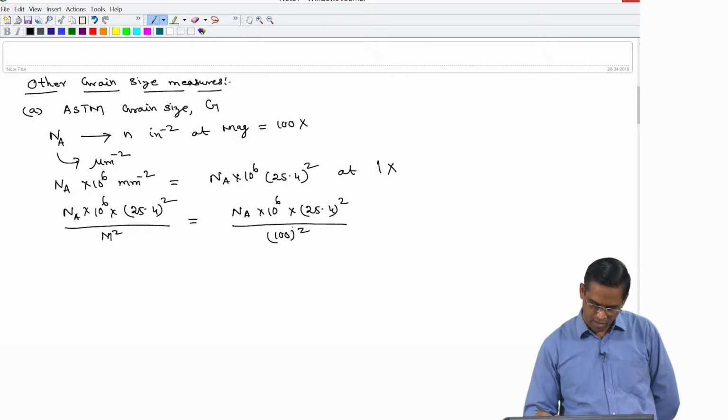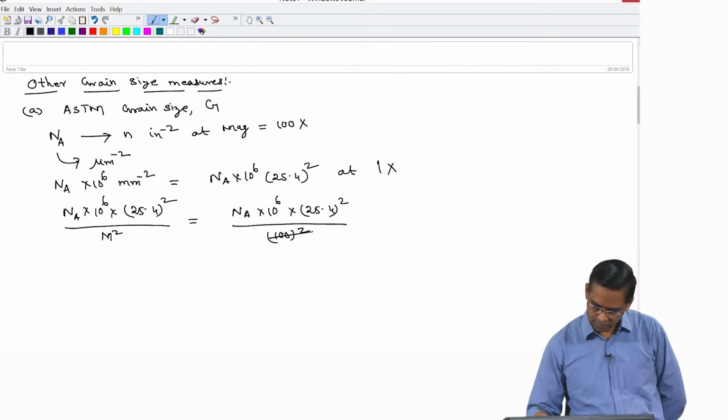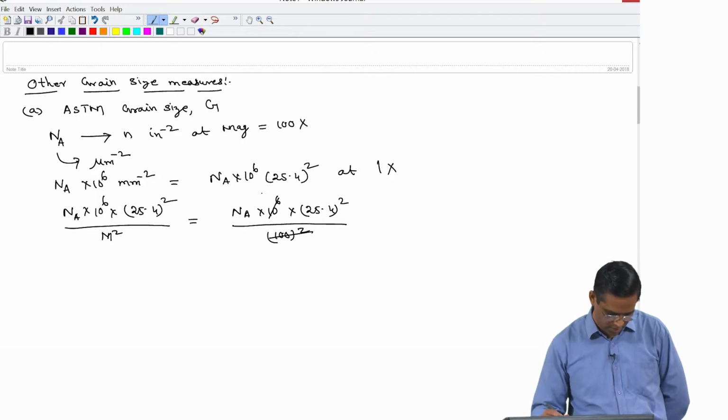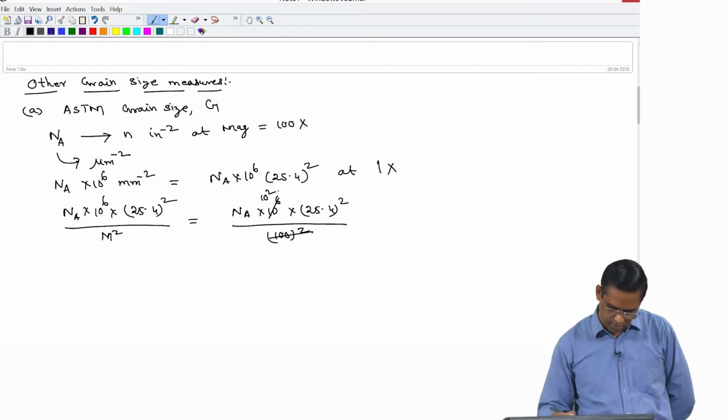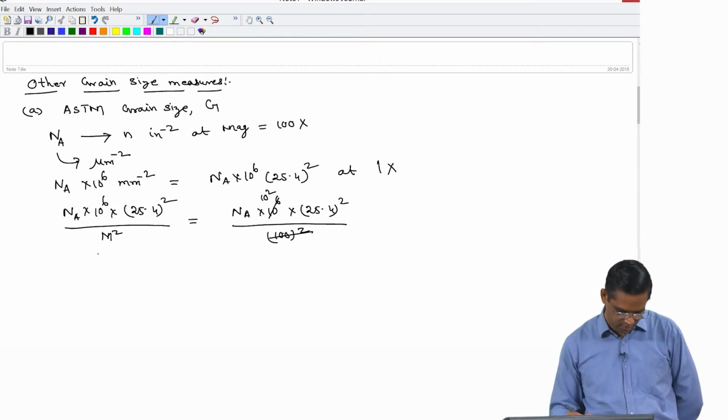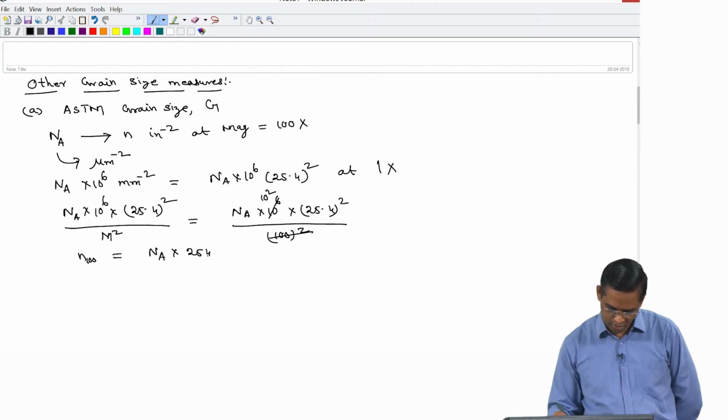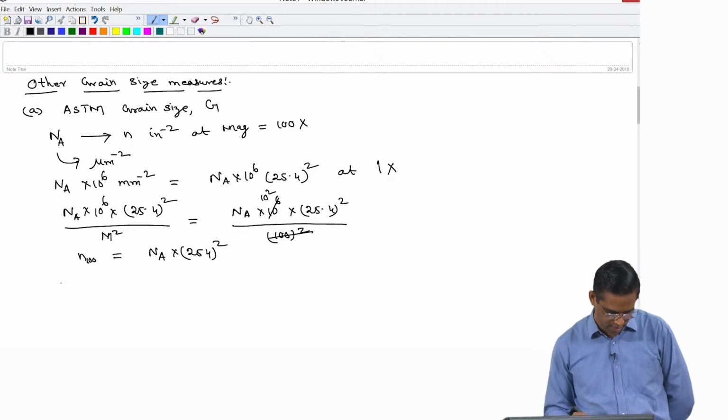So, you can now cancel this out, then it becomes 10 square, and you can write N at 100x is equal to NA into 254 whole square. Okay.